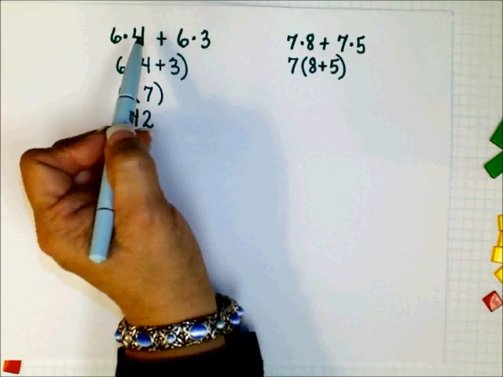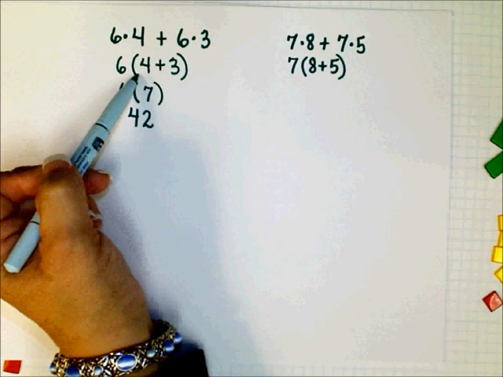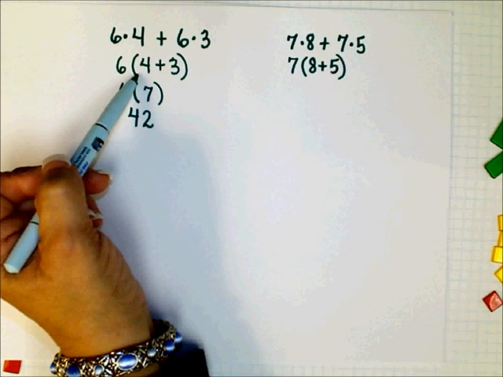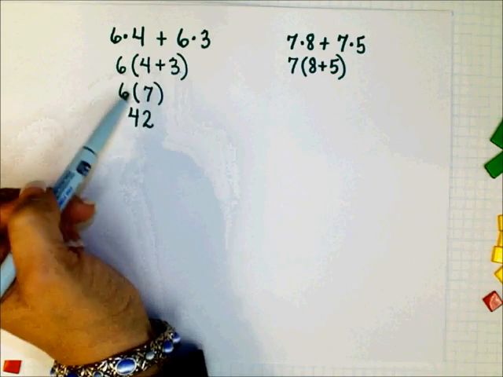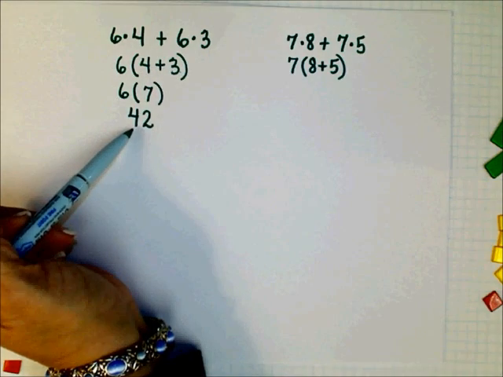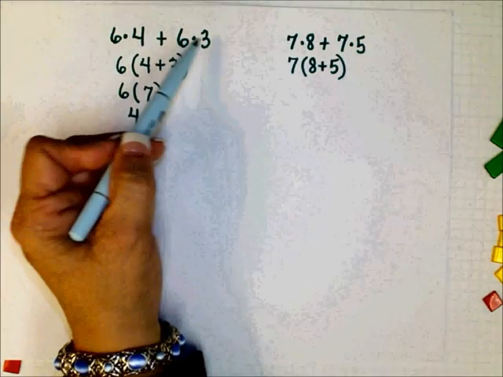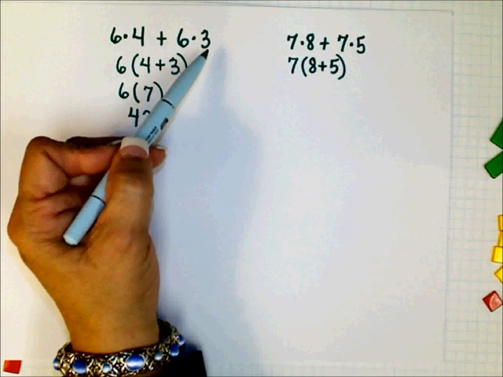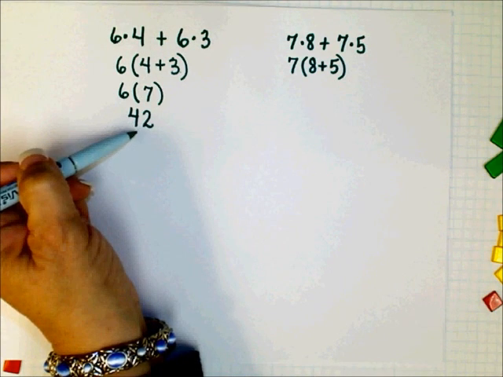But it looked to be much easier to rewrite it as a distributive problem. So 4 plus 3, I could go ahead and do the addition and then multiply, and I have a small number, which is 42. But here I have to get 24 and then add 18, which may pose more of a problem to me in my mind rather than doing 6 times 7.